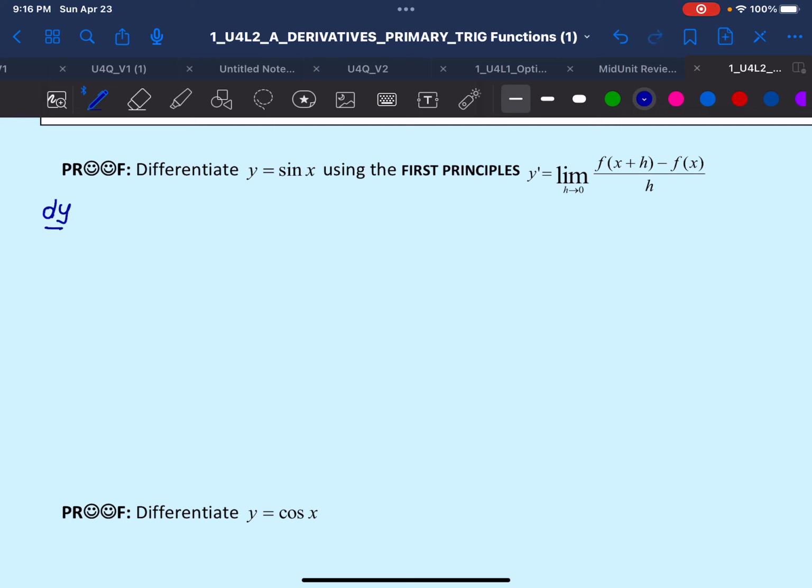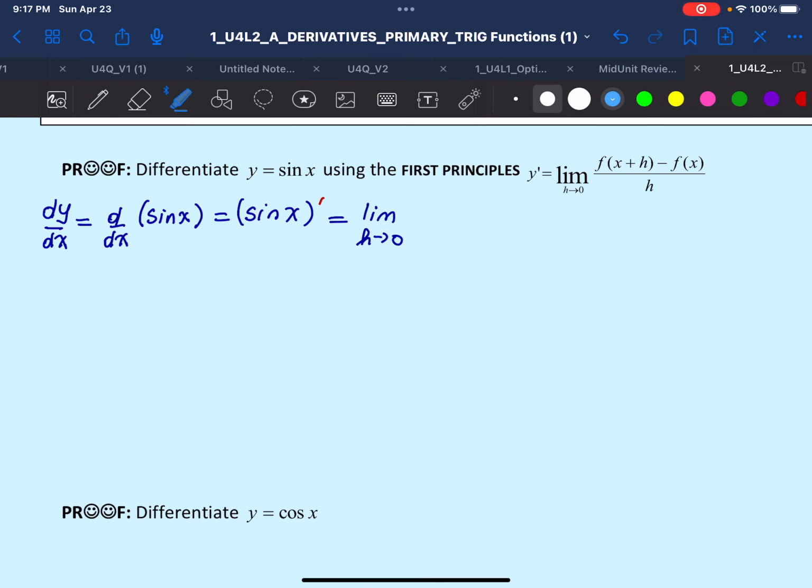So we're going to start off by finding dy dx, or the derivative d/dx of sine x, which for short, I will write as sine of x prime. If we use the first principles formula to find the derivative, it means that we will have to find the limit as h approaches 0. Let's get started with the first term, f of x plus h.